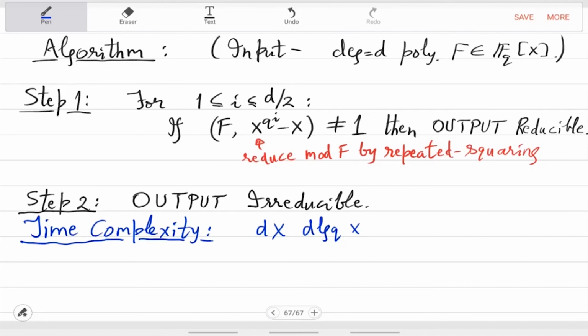And for every squaring, that is a single multiplication operation, right? Mod, yeah, so modulo this polynomial of degree d and also the finite field calculations. So actually we can separate the finite field calculations. We can just say O tilde d many finite field operations.